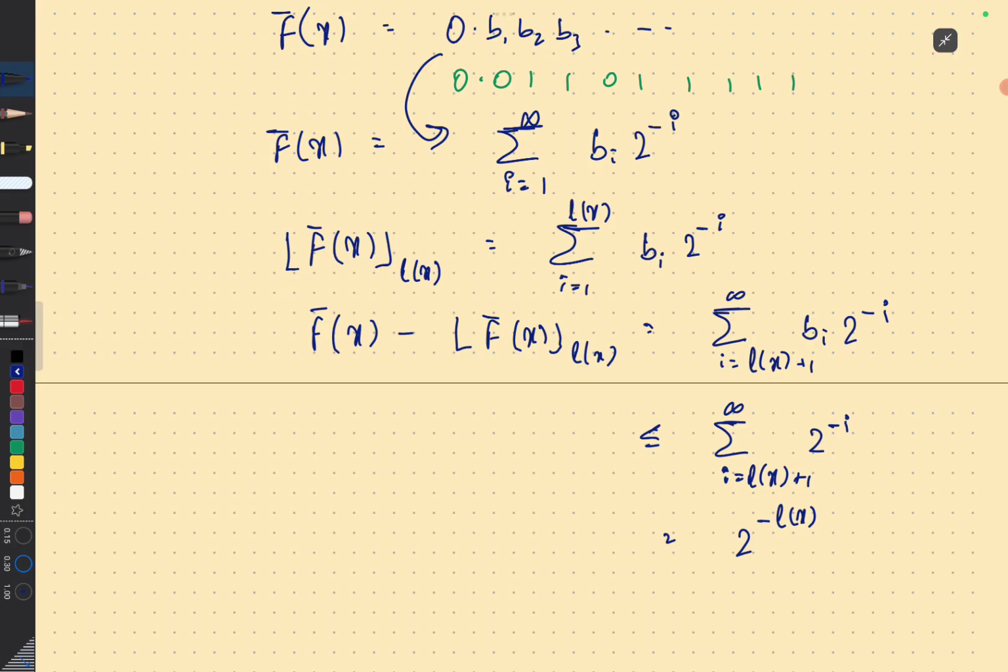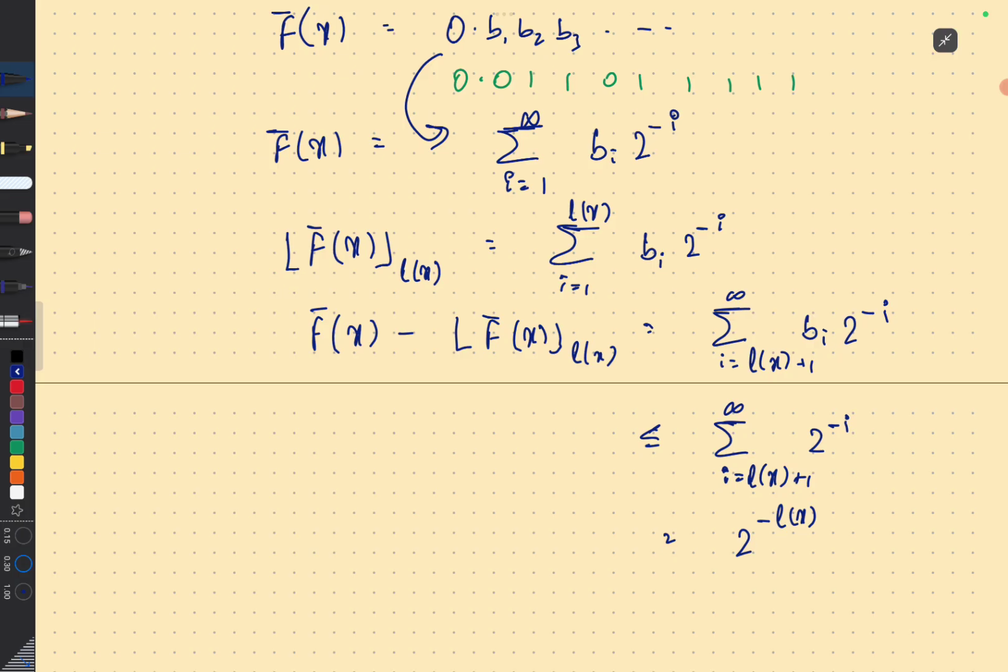So let's say that I do the following. The code words are going to be the binary representation of not P of x exactly.